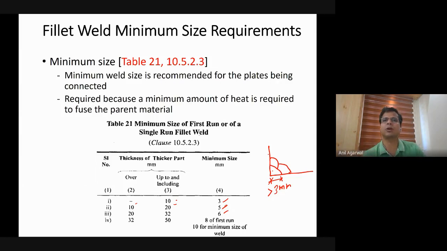What you want is that where the filler material is deposited, the base metal should also melt and fuse with the filler metal. If you don't deposit enough filler metal, that won't happen. Therefore you are required to provide at least a minimum thickness of weld for the first pass, or for the single pass weld.